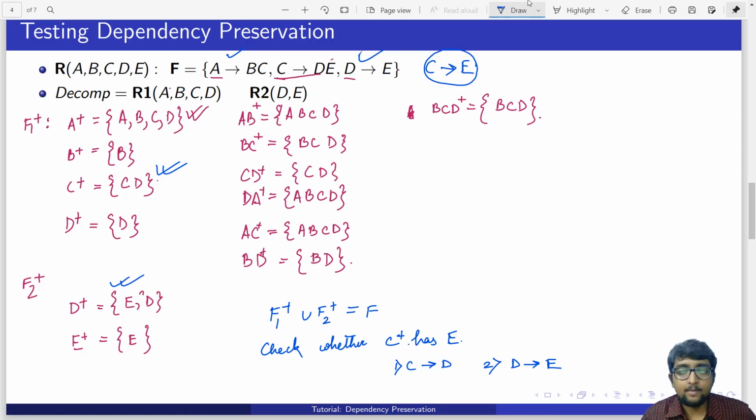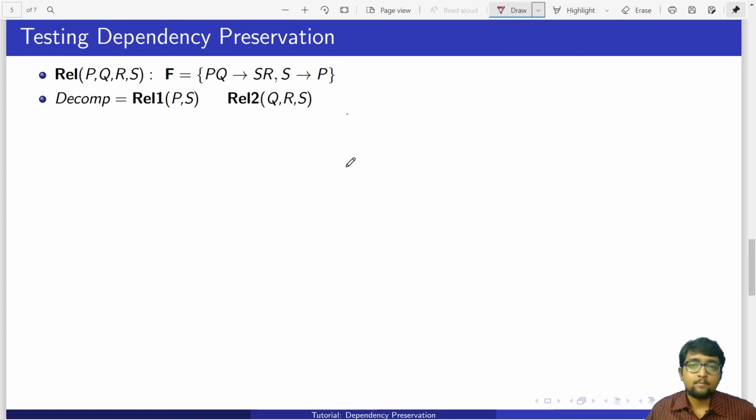So finally you can merge it and say that therefore C determines E using transitivity rule. Got it? So you find the union, you get that this dependency we can also derive, and therefore this decomposition is again a dependency preserving decomposition.